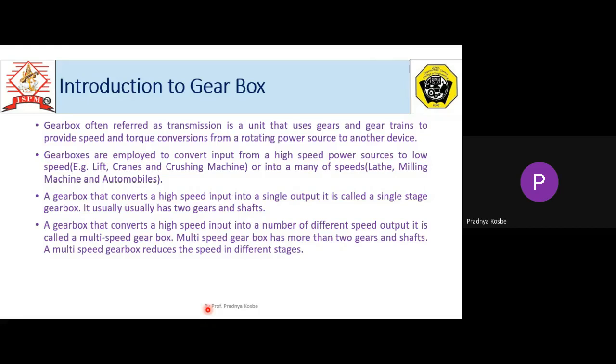It usually has two gears and shafts. Then, if a gearbox converts high speed into a number of different speed outputs, it is called a multi-speed gearbox. A multi-speed gearbox should possess more than two gears and shafts, and it reduces the speed in different stages.